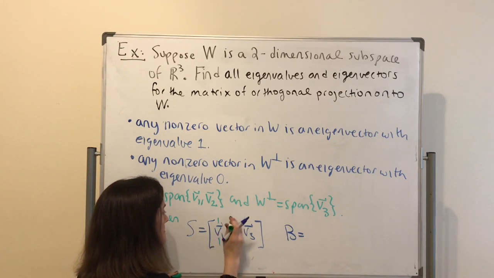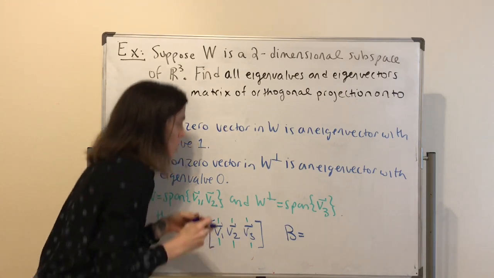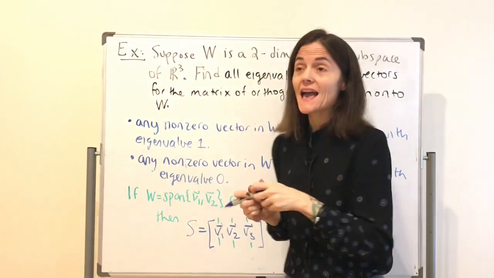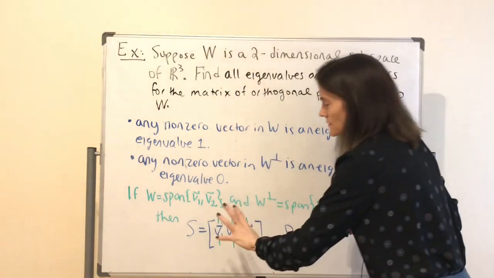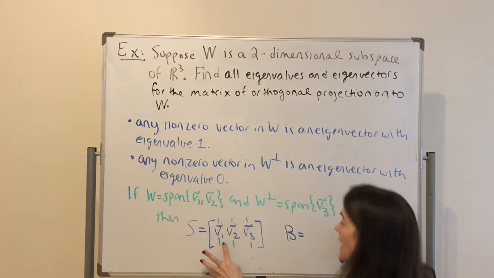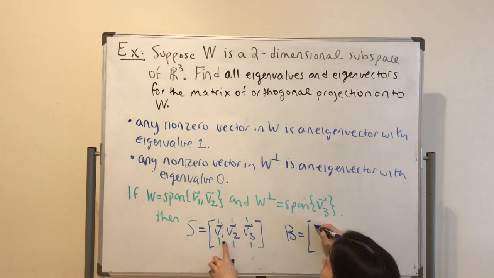And B, well, you have to put the eigenvalues in order with the eigenvectors. So the eigenvalue I put in the 1, 1 position corresponds to this. These were both in W, so it'll be this.